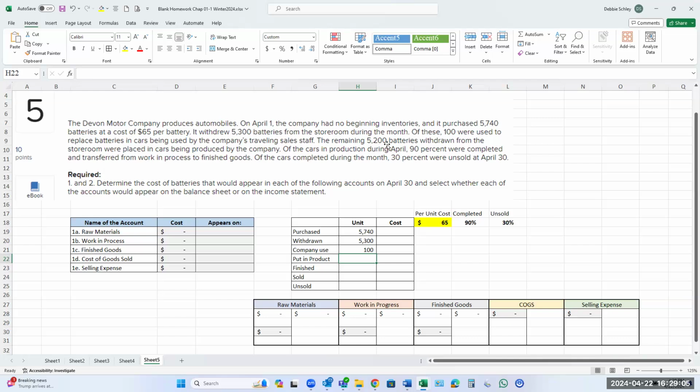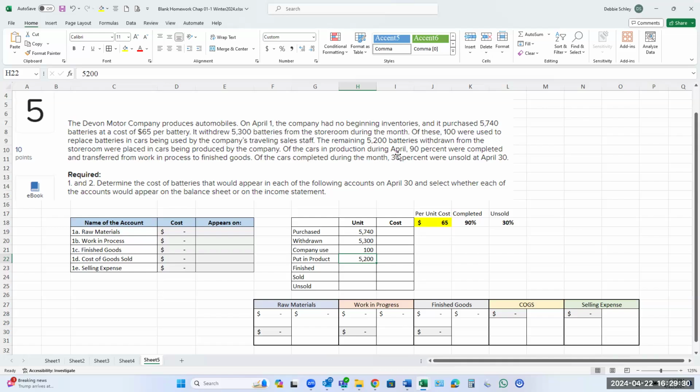The remaining 5,200 batteries withdrawn from the storeroom were placed in cars being produced by the company. Okay, so 5,200, right? That's the withdrawn 5,300 minus the 100. The 5,200 were put into the product or the cars being produced by the company.